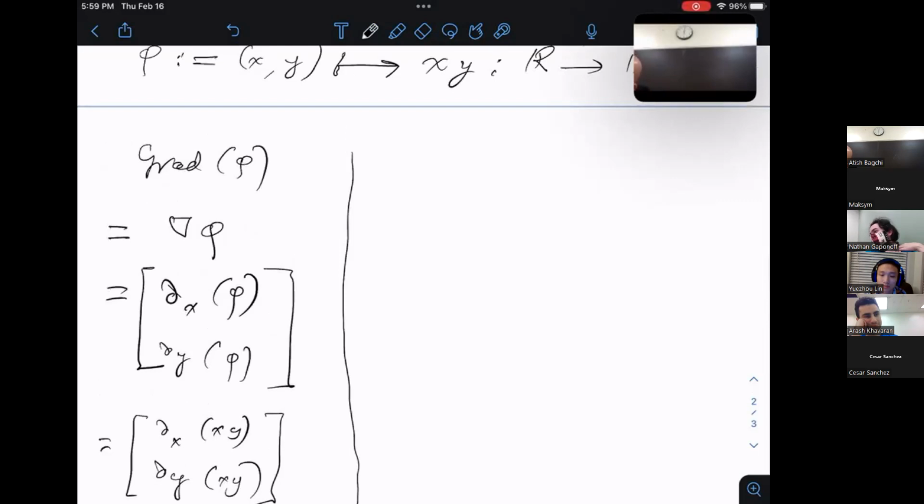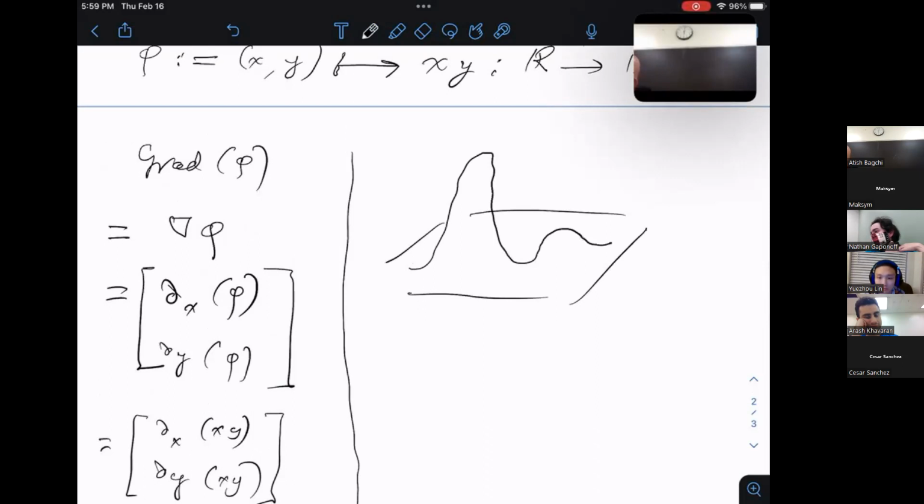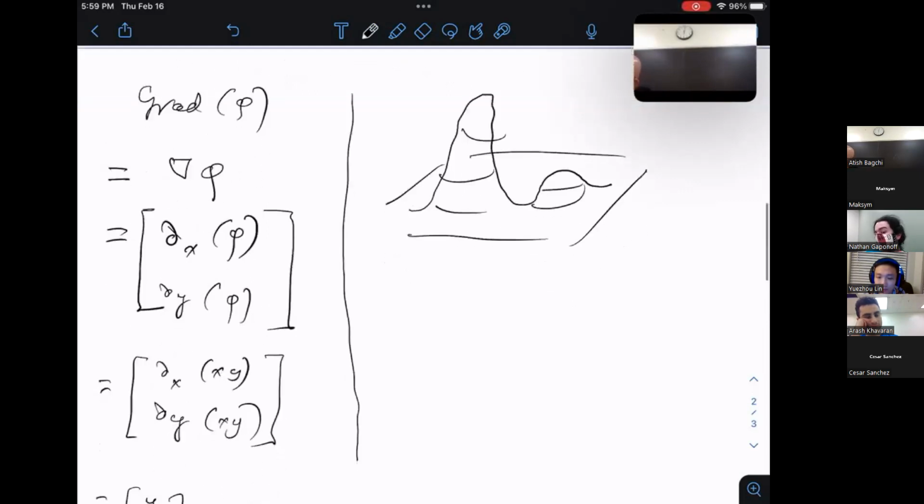Suppose I have on some surface two bumps like this, and you want to depict it.